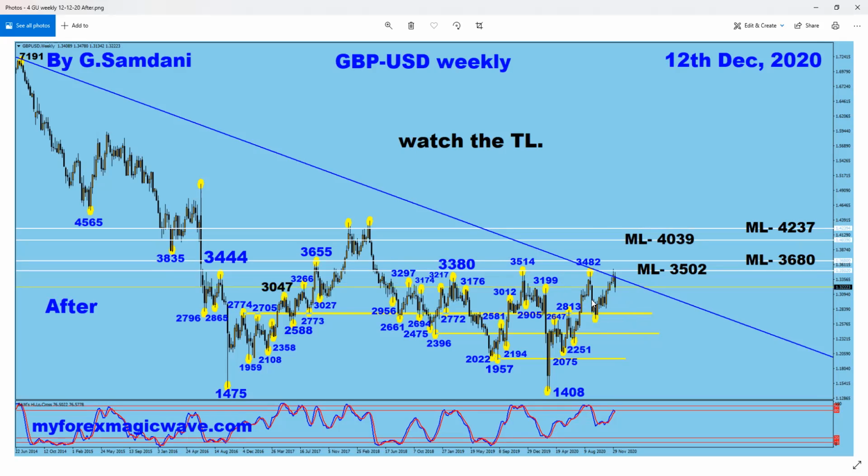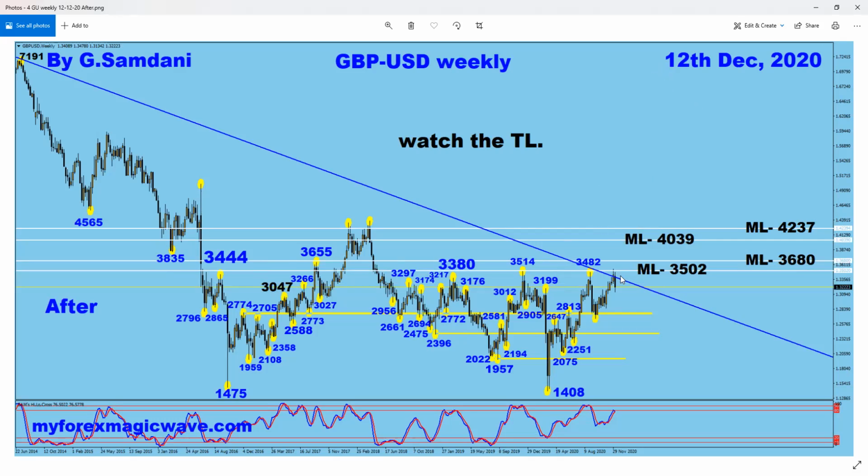If we can manage to stay below, the first next target would be 30.47, and then so on and so forth. These numbers will come into play. Then these 27.74, 27.05 will be very important, right? So the first task is to stay below 31.99, then to go to 30.47, and then 27.74.